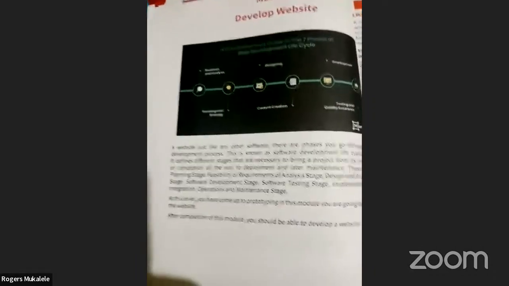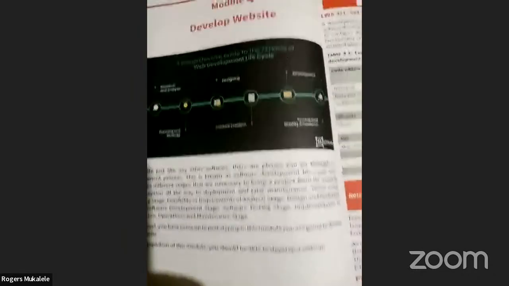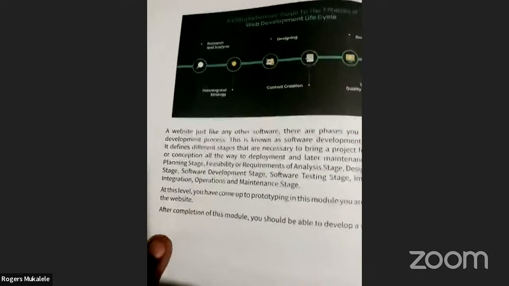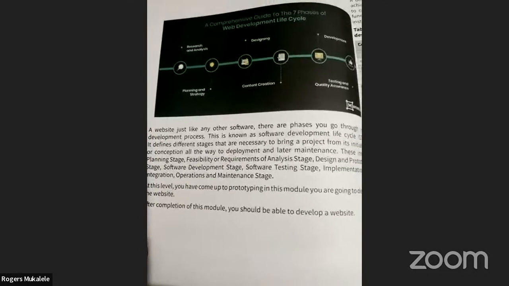So in this part of developing a website, I just want to show you a small impression of this book. There is a cycle. They are put here, what is called 7 phases of the website development life cycle, and they are describing what a website is. Then they are telling us in the first row, what is the learning working assignment?